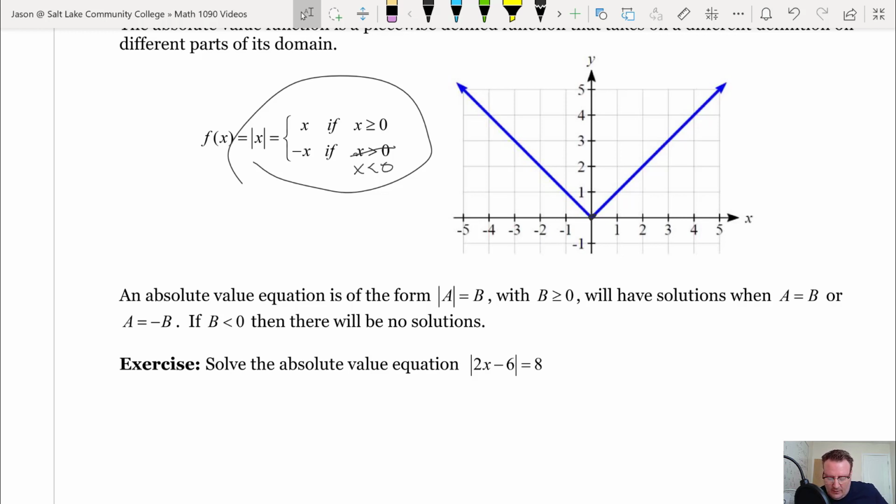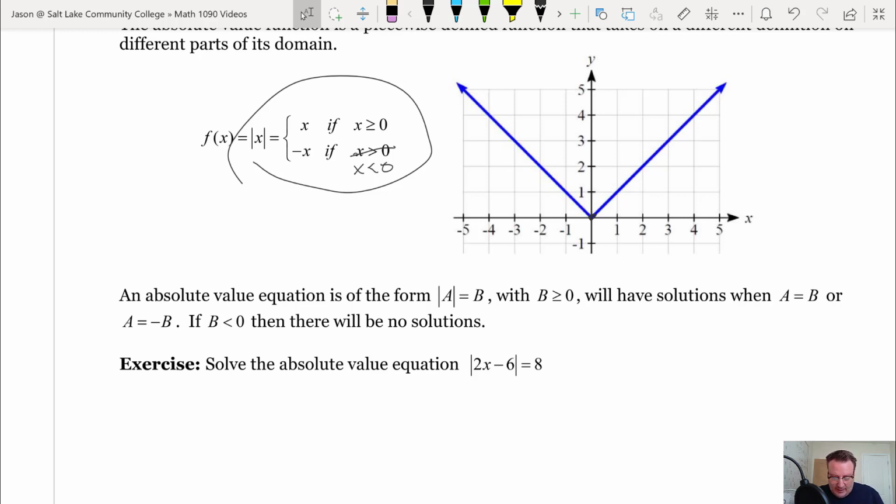Okay? Well, ahead of time, we don't know the value of x. So we don't know if 2x minus 6 is positive or negative. And depending upon what you put in for x, it could be either. So we have to take into account both possibilities.